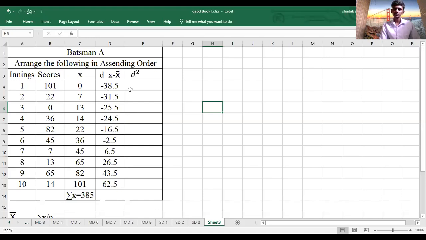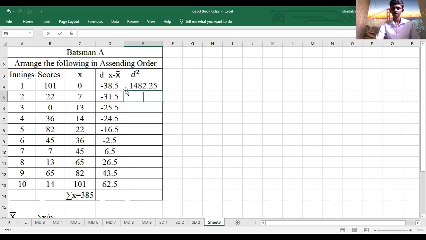By taking these, you have to calculate D square. Minus 38.5 into minus 38.5 is 1482.25. If you have a calculator, it is very simple. Just type minus 31.5 into equal, and you will get the square of the value.